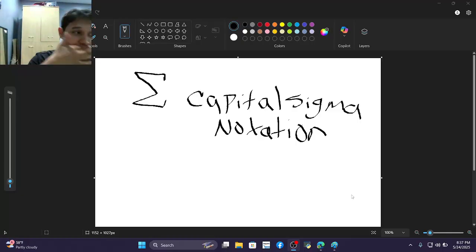All right. So we're going to start with sigma notations. In my college classes that I'm taking, this sigma notation is one of the most outstanding, most amazing chapters in math.